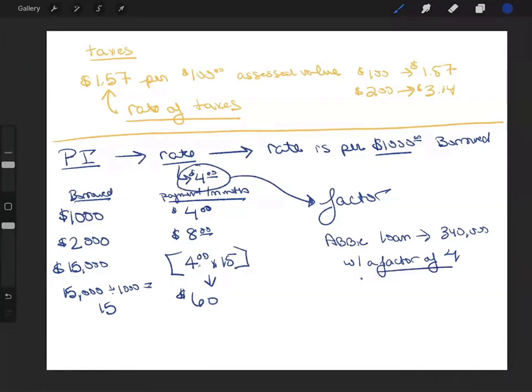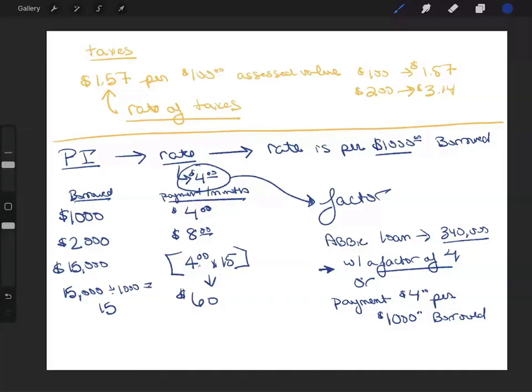If it says factor of four, they mean $4. Or they could say she's getting a $340,000 loan, and the payments will be $4 per thousand borrowed. Does that make sense? That's all saying the same thing.